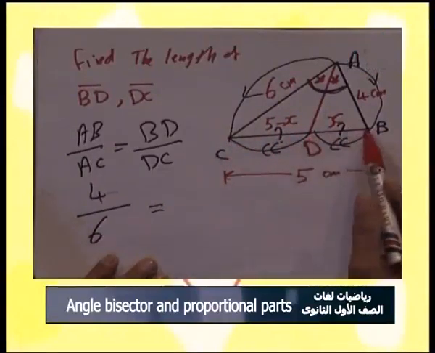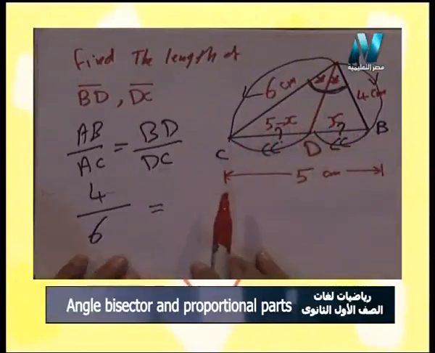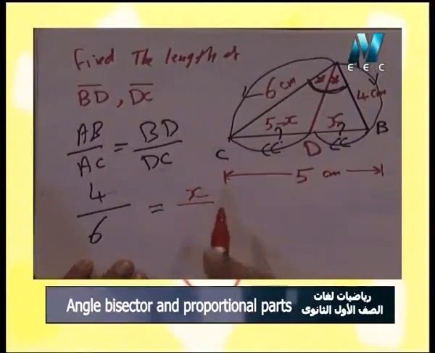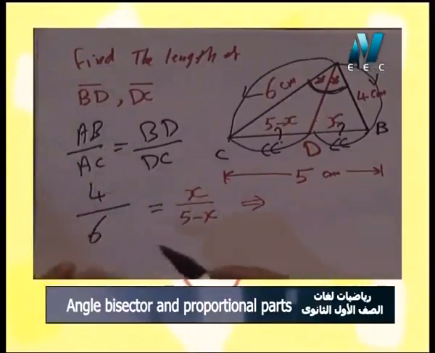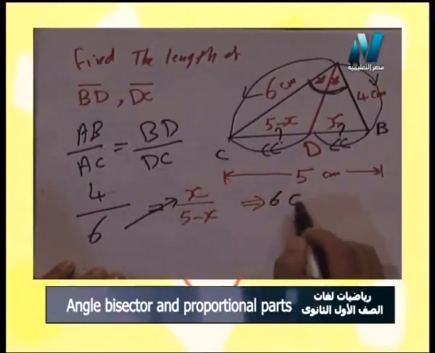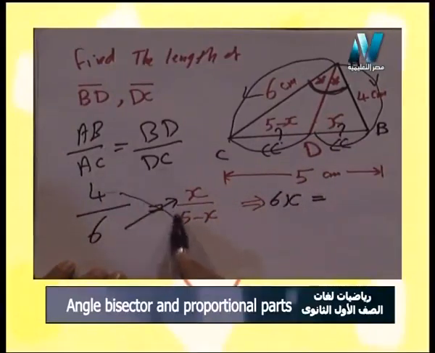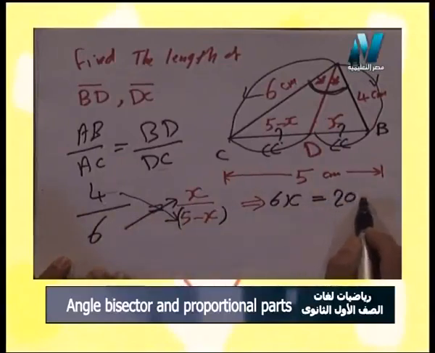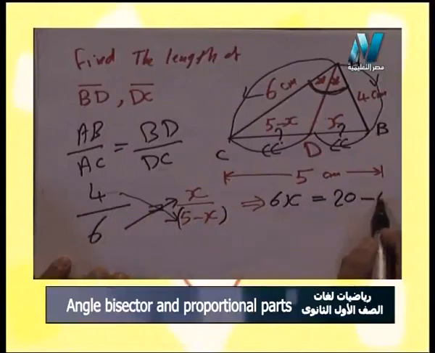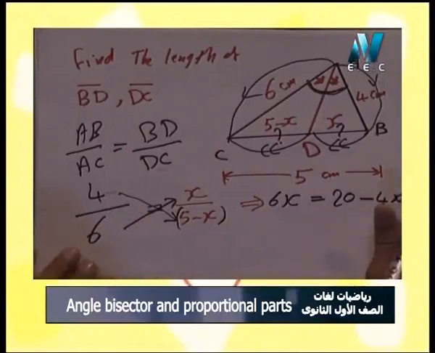So if we put DB equal X, then DC equals 5 minus X. By using cross multiplication here, 6 multiplied by X will be 6X equals, we multiply 4 by the bracket 5 minus X. 5 times 4 equals 20, minus 4 times X equals 4X.